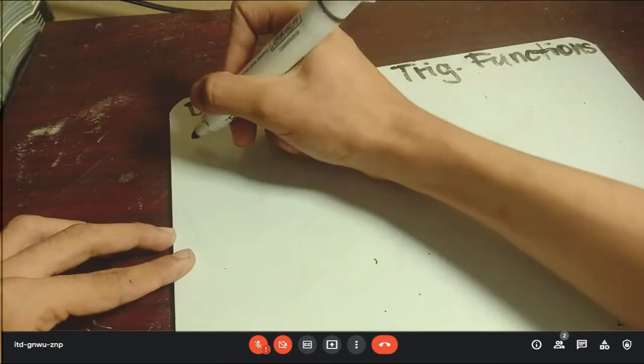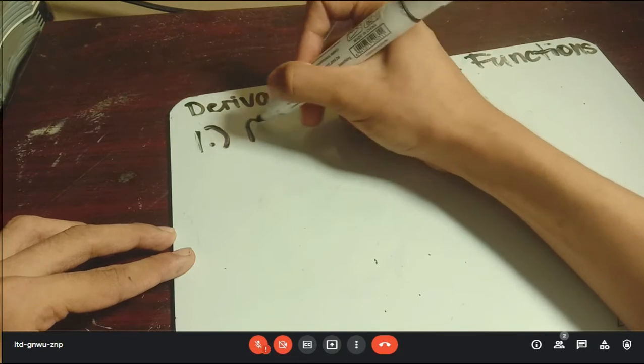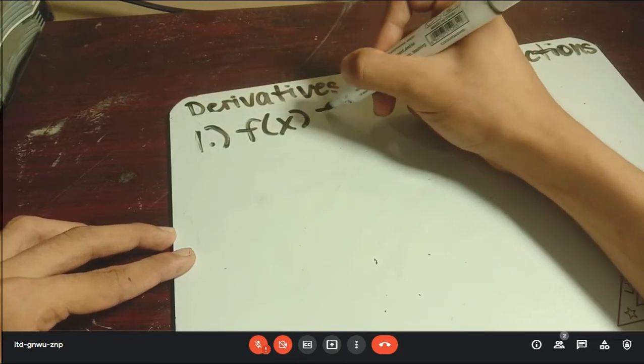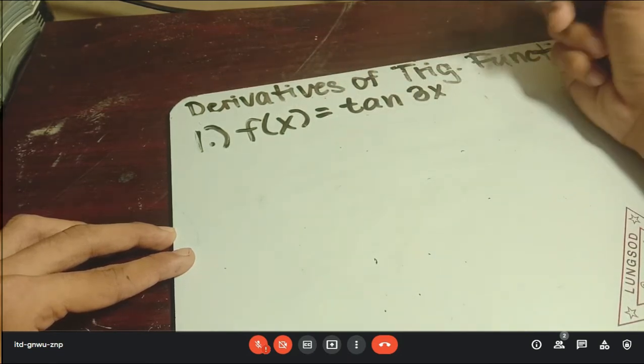So the first problem will be, okay, f of x is equal to tan 3x. Yan.